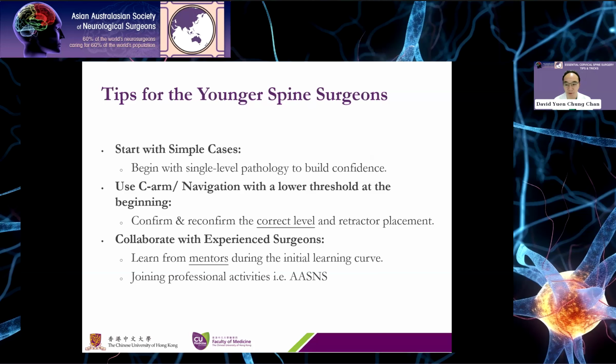Oh, yes, Professor Shashank? I do have a question to the panelist. It's not unusual that you go for cervical spine surgery and you lose your potential, of course, when you use neuromonitoring.